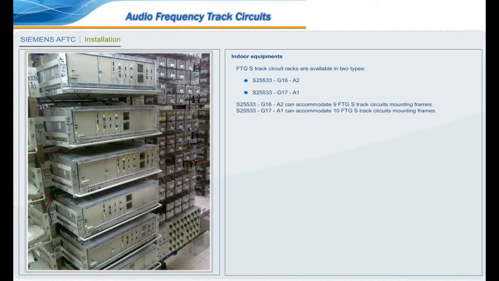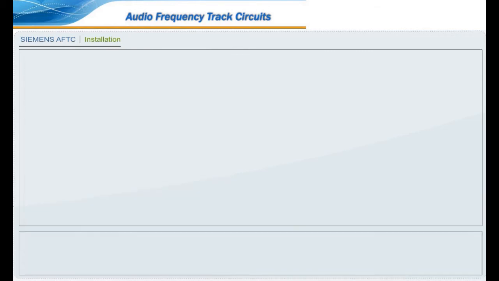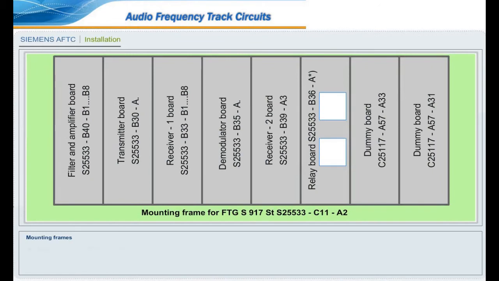S25533 G16 A2 can accommodate 9 FTGS track circuit mounting frames. S25533 G17 A1 can accommodate 10 FTGS track circuit mounting frames.